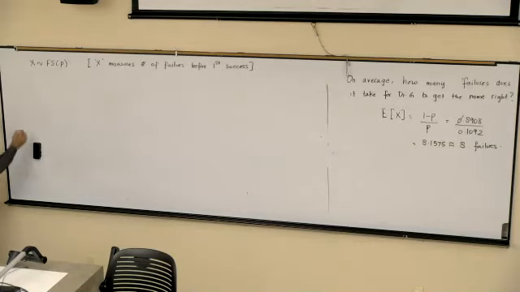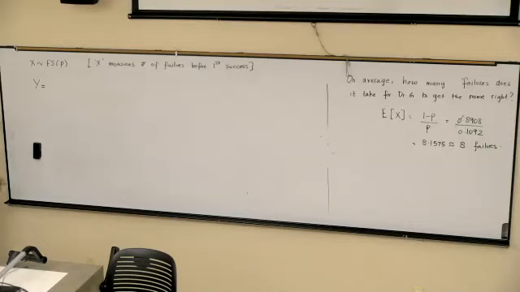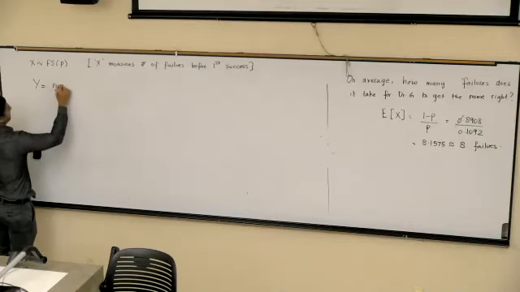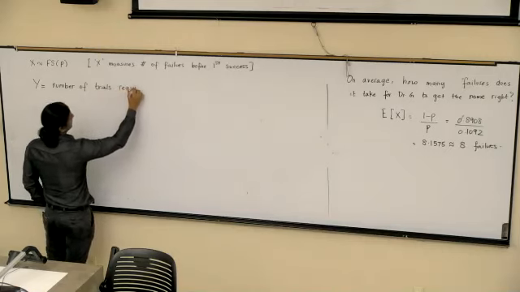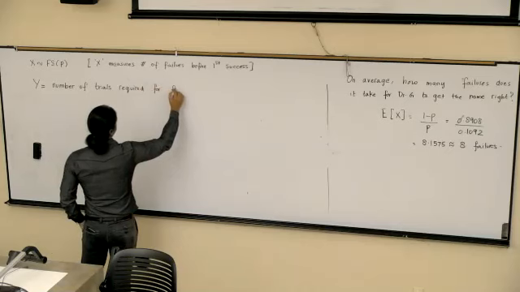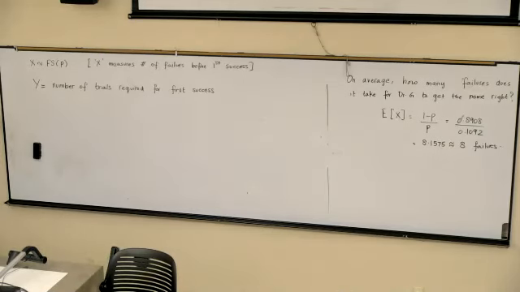Now, I am going to define Y as the number of trials required for the first success. Good. With me so far.